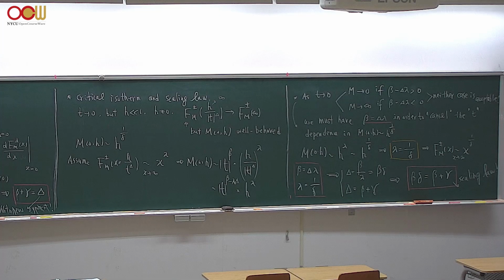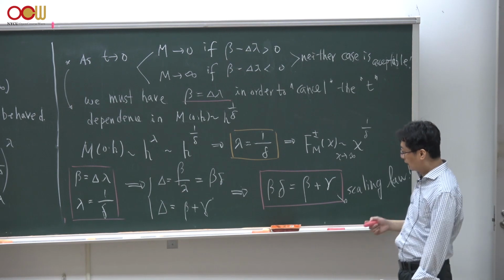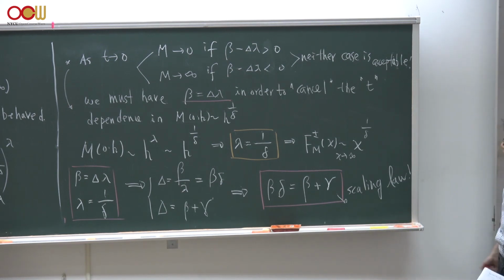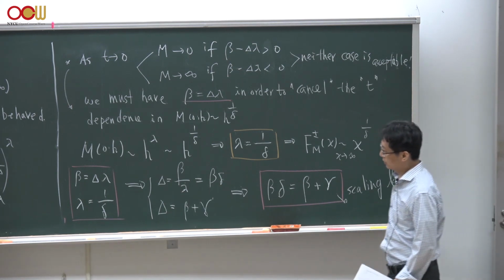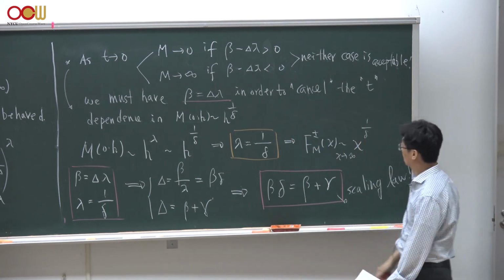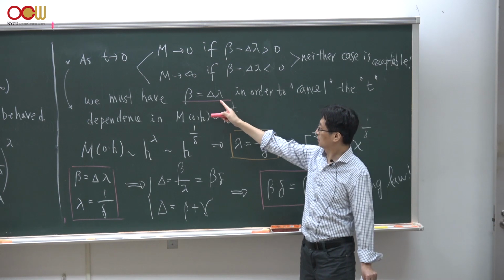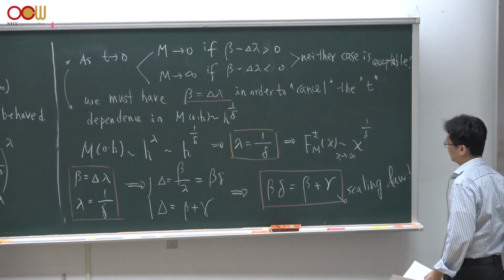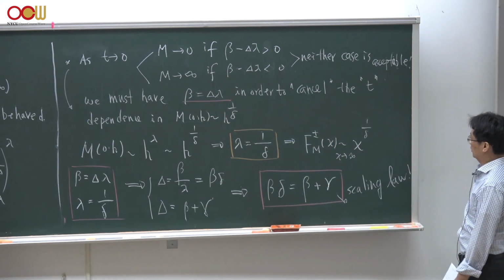So beta is canceled by delta lambda in this exponent, so that there's no little t dependence anymore. That guarantees that magnetization is a small finite value at the transition temperature because there's no other temperature dependence to make it either 0 or infinity. So we immediately derive the conclusion that beta is given by delta times lambda.